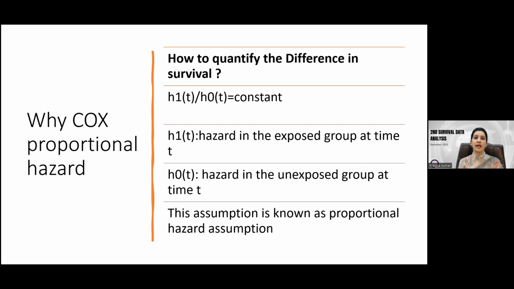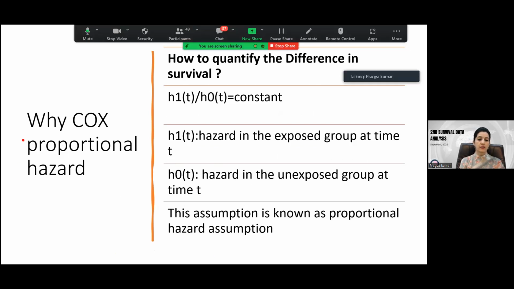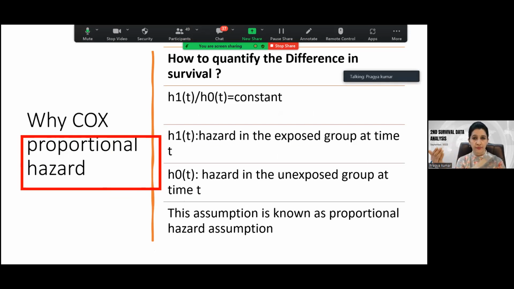So now, why this Cox proportional hazard? Because by this name also, you will see it is the Cox proportional hazard. This proportional concept we saw in the initial part, when we were doing that question regarding maintaining that ratio. In Kaplan-Meier, what have you seen?